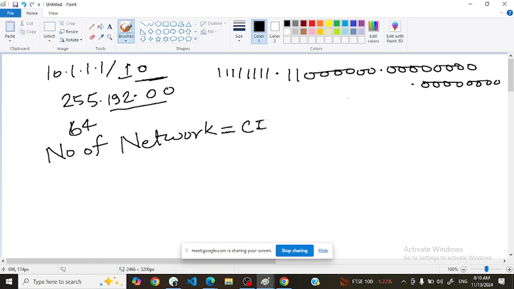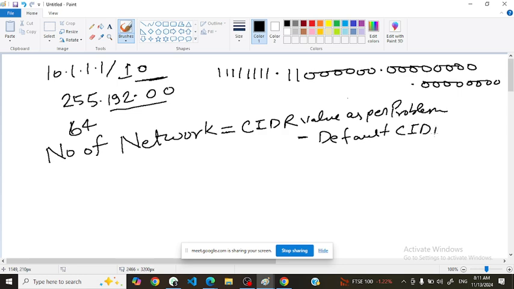CIDR value given in the problem minus the default CIDR value of the class.